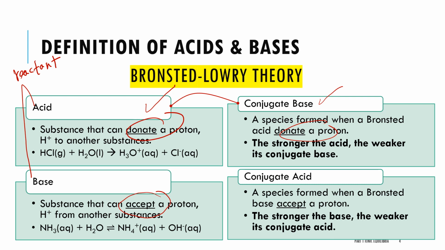So bila reactant ini terima proton, it will become a product. So the product is called conjugate acid, where conjugate acid adalah a species formed when a Bronsted base tadi accept a proton. Alright, so the stronger the base, the weaker its conjugate acid.